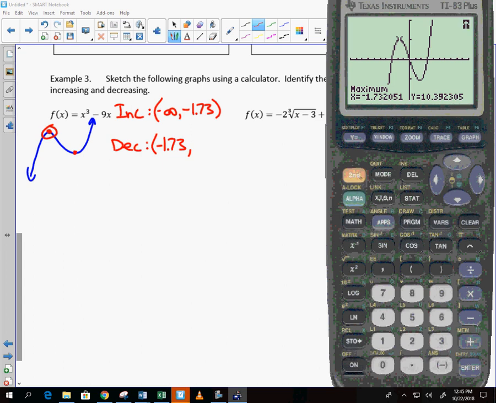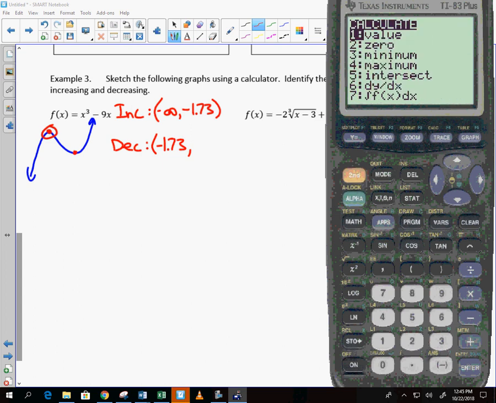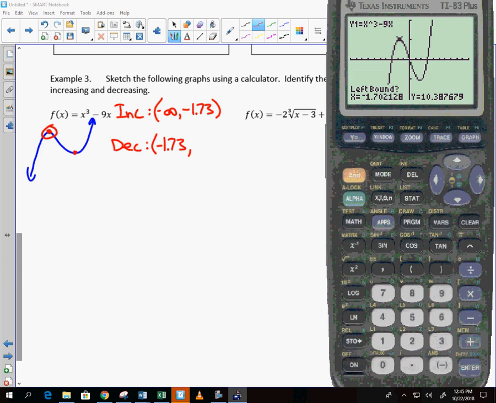Second, calculate, and I grab minimum, which is number 3. Go all the way down to the bottom here. It asks me for the left bound, so I move to the left. Press enter. Now I move to the right. Press enter.